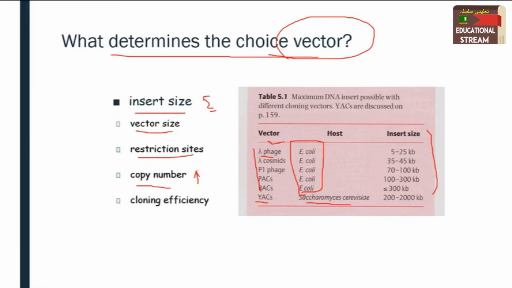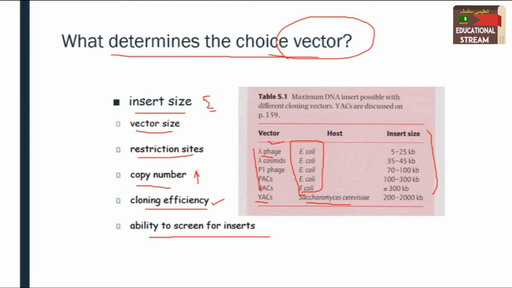Then, what is the cloning efficiency of the vector? If the size of the fragment is small, then its efficiency will be high, and it should be compatible with the host organism which we are going to use. Then the vector has the ability to screen for inserts. It means that the vector should contain certain markers that can be used to screen those vectors which contain the recombinant DNA.